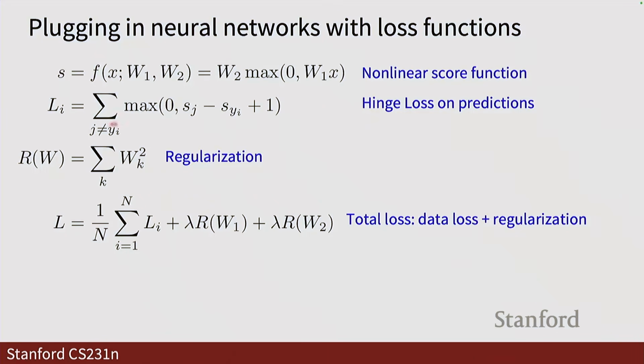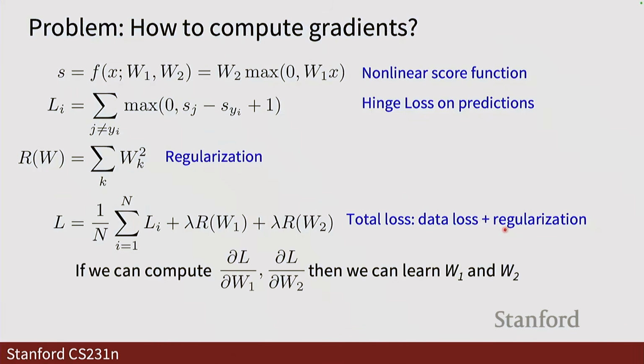And in addition to that, we defined regularizers, which ultimately give us the total loss: the data loss plus regularizer. And we talked about this fact that in order to be able to optimize W1 and W2, what we need is to be able to take the partial derivative of L with respect to W1 and W2.